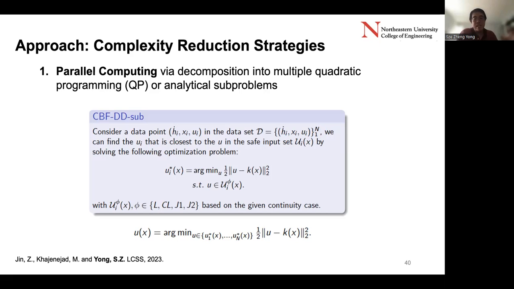We just have to solve a subproblem, which is just a QP. We solve all of them in parallel, consider all the possible solutions, and pick the smallest one, and that will solve the problem.